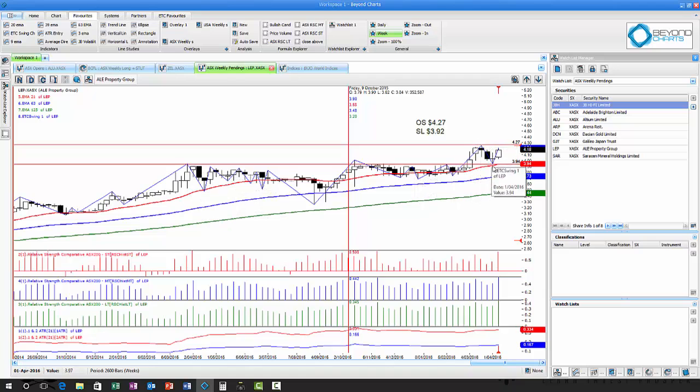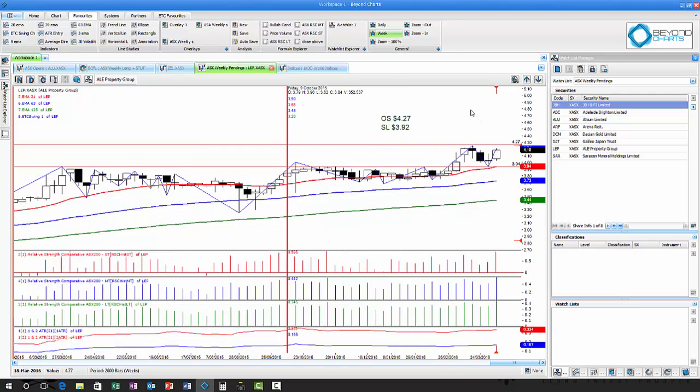So breaking out, coming back, retesting, nice positive retest, last trough at or above the second from last medium-term peak, which is a positive sign from the price action perspective. We've just got to wait now to break the last medium-term peak. So to do that, we're going to place an on-stop order at $4.27. And we are going to put in a protective stop at $3.92.